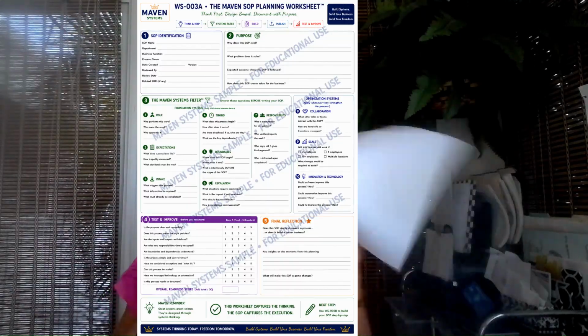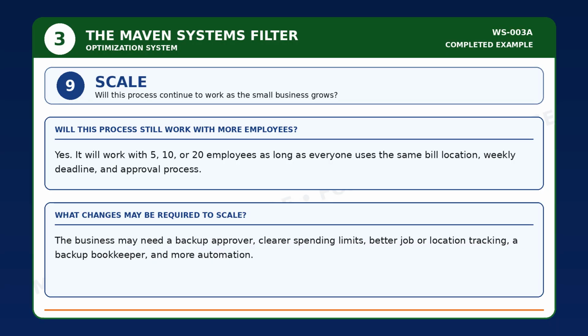Maybe they need a better bill payment system in general, a backup bookkeeper, and a separate approval rule for certain employees. So on our form, we write, will the process still work with more employees? Yes, as long as everyone uses the same bill location, weekly deadline, and approval process. And what might need to change as the business grows?